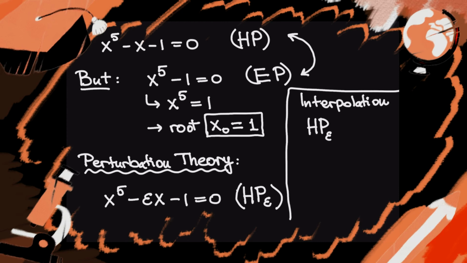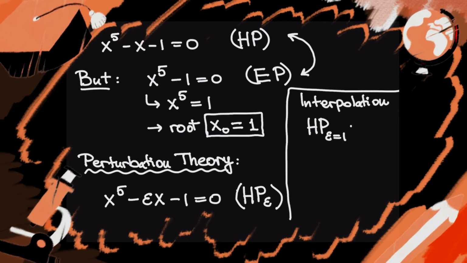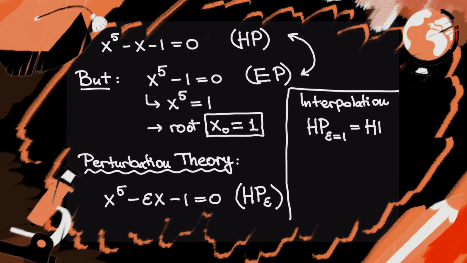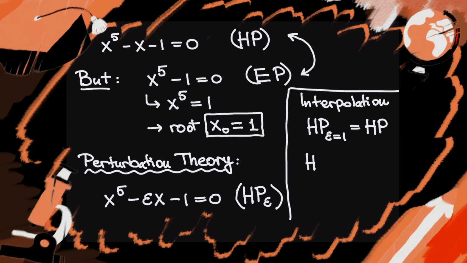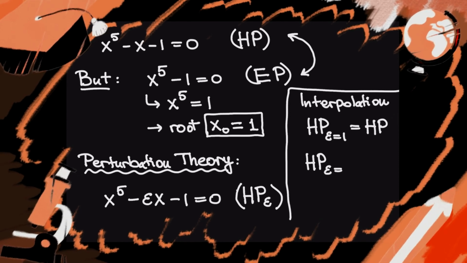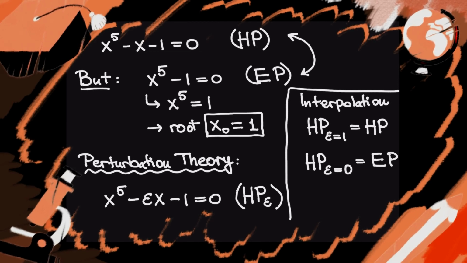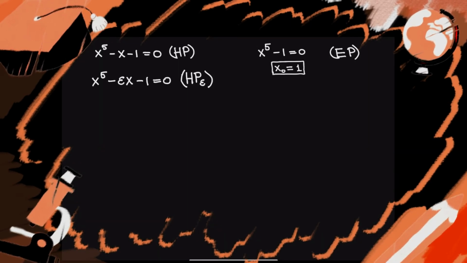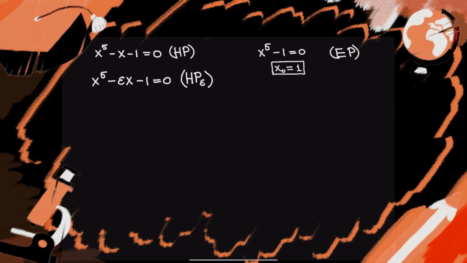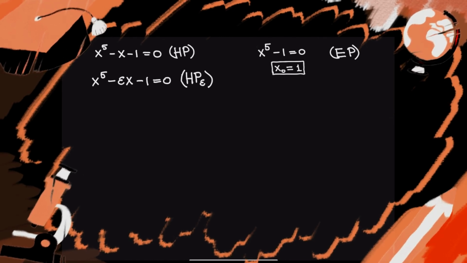Because my hard problem HP sub epsilon for the special value epsilon equal to 1 is my original hard problem HP. And also my hard problem at the special value epsilon equal to 0 is my easy problem.